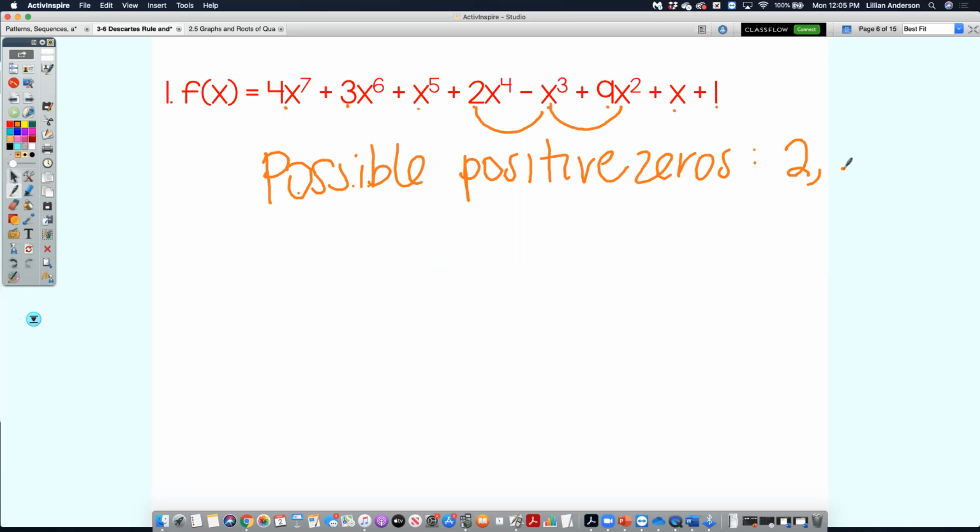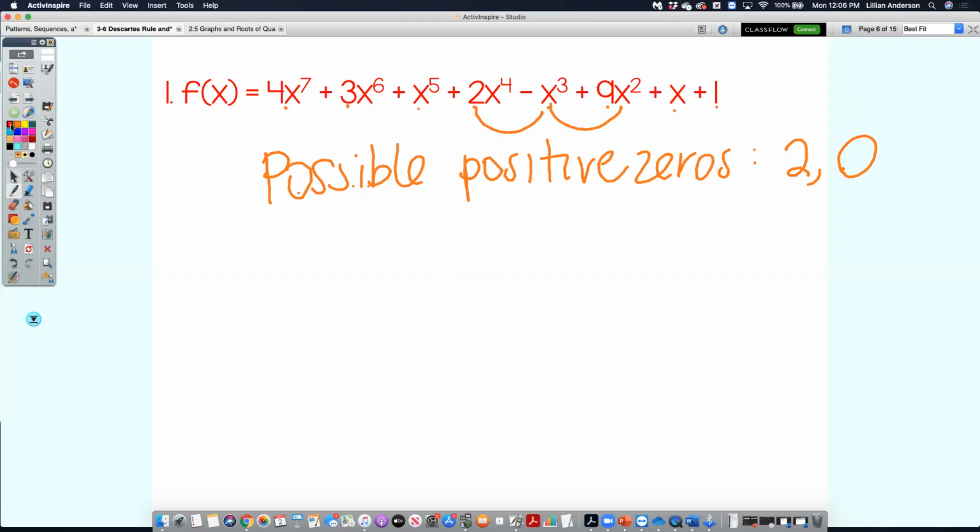What's 2 minus 2? 0. So this is basically saying I could have 2 positive real zeros, or I can have no positive real zeros. That's steps 1 through 3 in Descartes' rule. Steps 4 through 6 tell you how to find the negative ones.